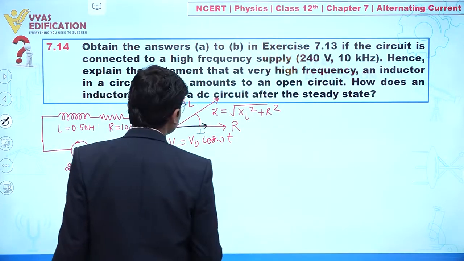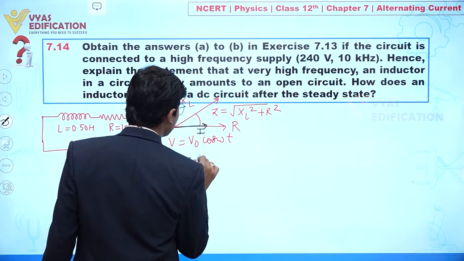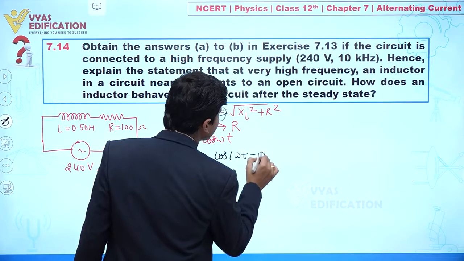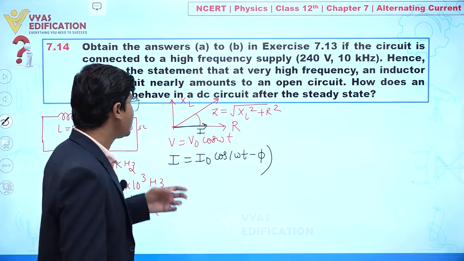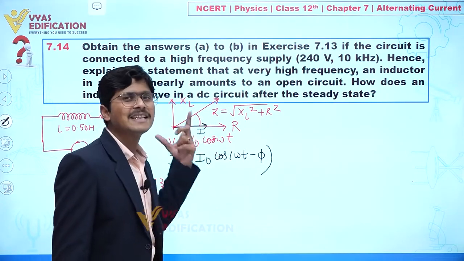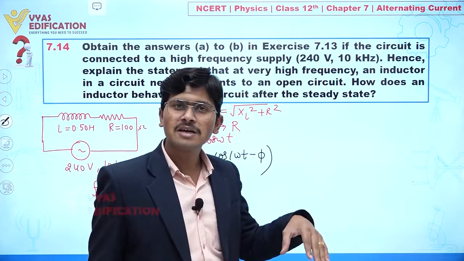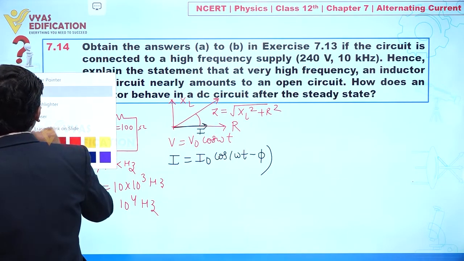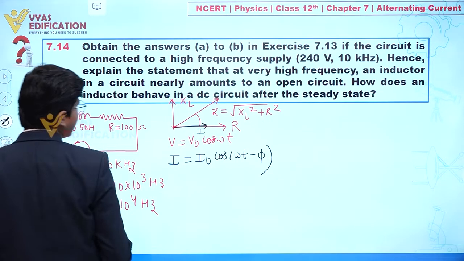So we can write I equal to I naught cos of omega t minus phi. You can see this current is lagging behind the voltage by a phase angle phi. So can we find the value of I naught.